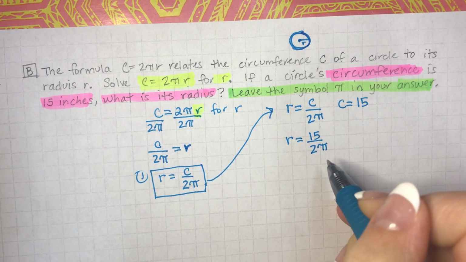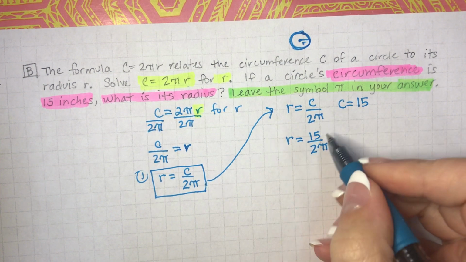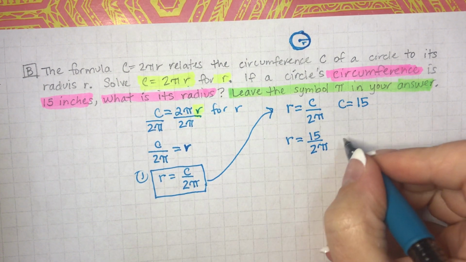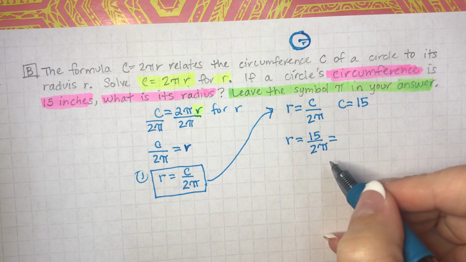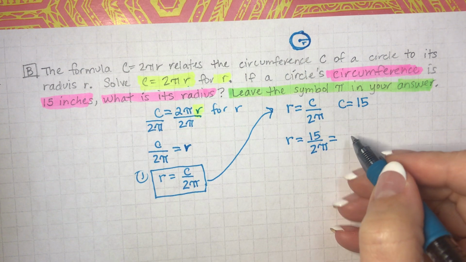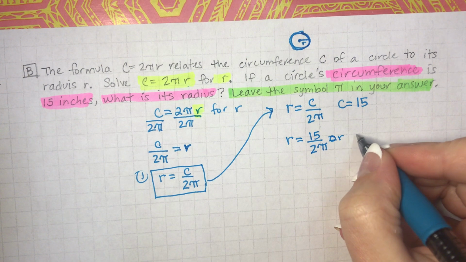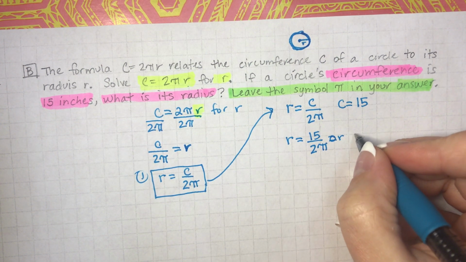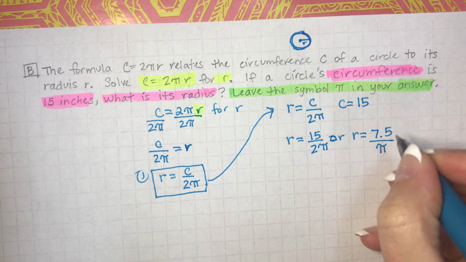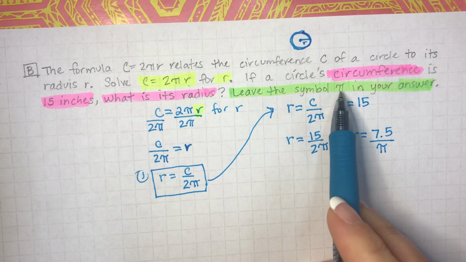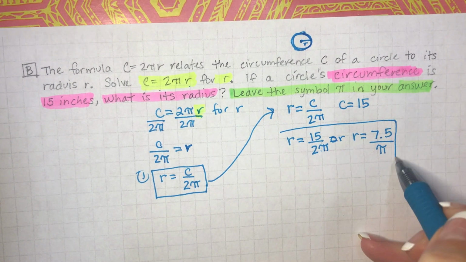They want us to leave it in terms of pi, so I would be okay with leaving it like this. Or, if you wanted to change the numerator to a decimal, half of 15 would be 7.5. So you could say r is equal to 7.5 over pi, and leave the symbol pi in your answer. Either one of those would work.